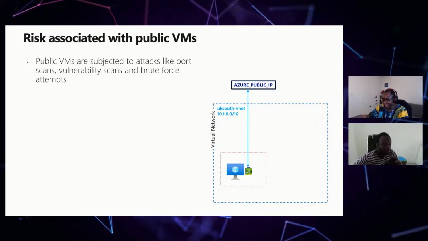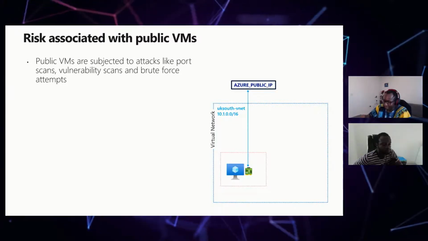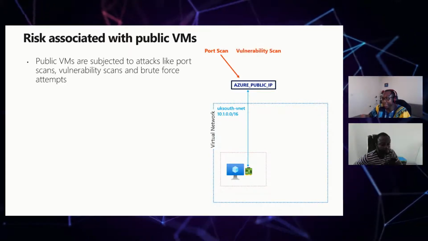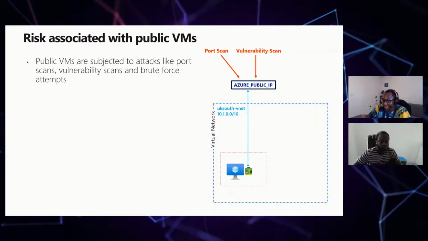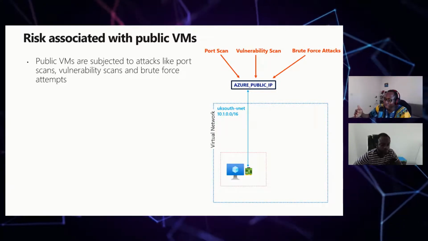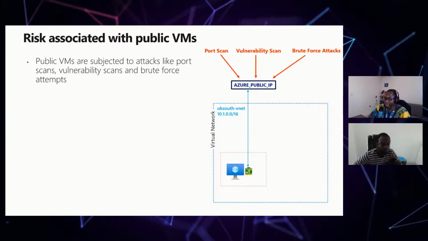There are bots that are scanning IP addresses. Some of them are good, just collecting information. Some of them are really trying to look for vulnerabilities. So it's going to be scanned for open ports and for existing vulnerabilities. There'll be bots doing brute force attacks to see if you're using default credentials. That is going to happen if a resource has a public IP address associated with it.